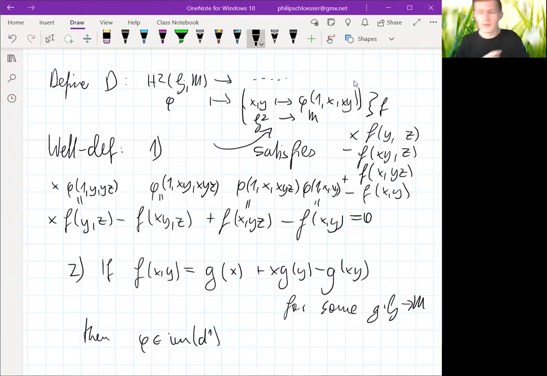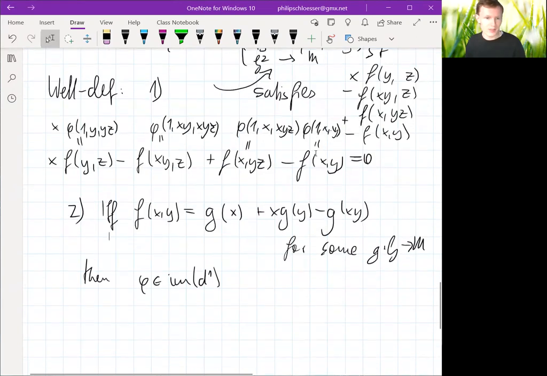I guess since I eventually want this map to be injective, we in fact want this to be an equivalence.